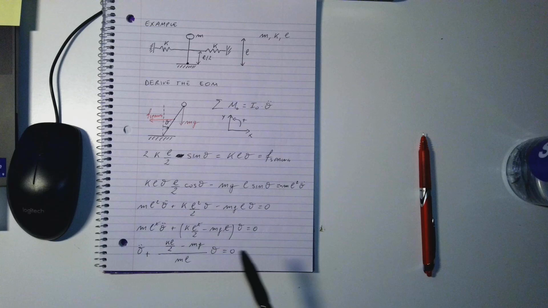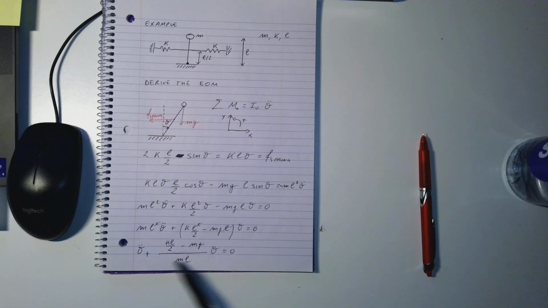So now that we look at this standard form, we know that we can determine the natural frequency. How do we determine the natural frequency? By looking at the first order term, the theta here, because basically the natural frequency would be the square root of (kL over 2 minus mg) divided by ml.